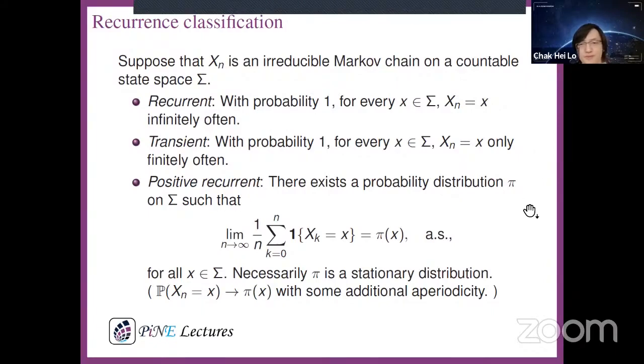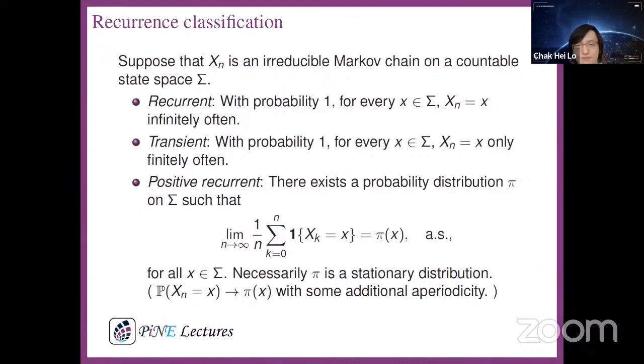In addition to this, suppose you have a uniform rate of convergence for all states x: the absolute value of the probability of X_n equals x minus pi(x), with the supremum taken over all x in your state space, is less than or equal to some constant times rho to the power n, where rho is a number between 0 and 1.